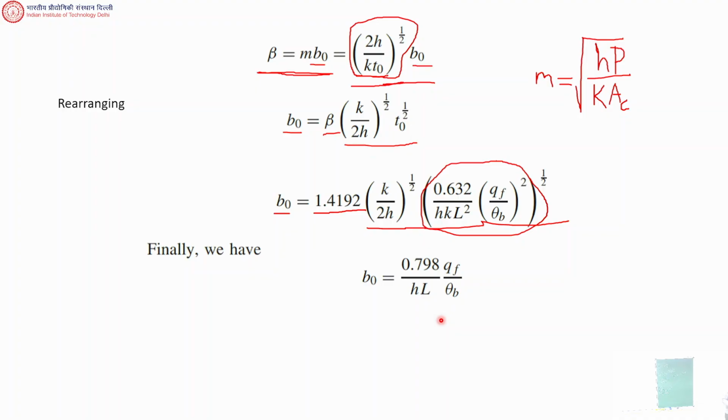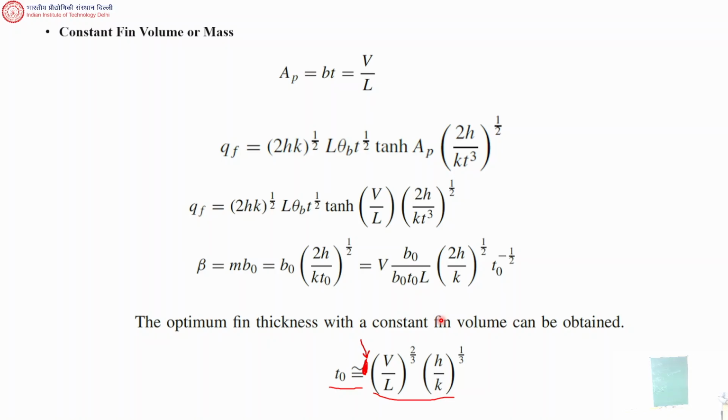Now we'll do something else. So this is an optimization for constant fin volume or mass. So this is like that constant profile area itself. The last one was constant heat transfer, which I am calling a prescribed heat transfer.